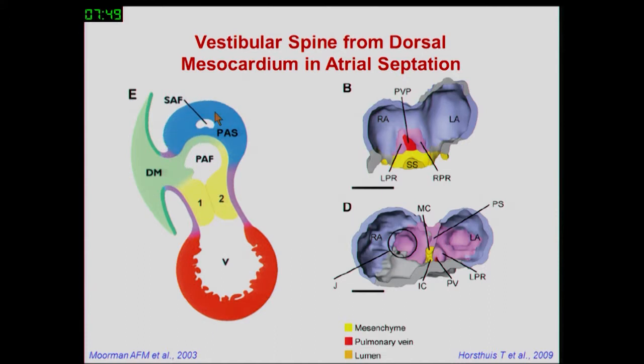The septum primum does not fuse directly to the endocardial cushion part. There is another non-myocardial mesenchymal tissue growing from the dorsal mesocardium, which is called the vestibular spine.